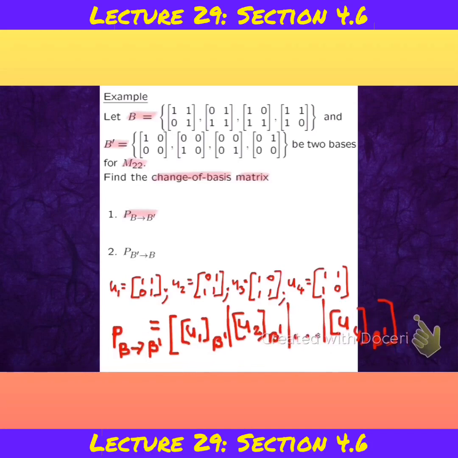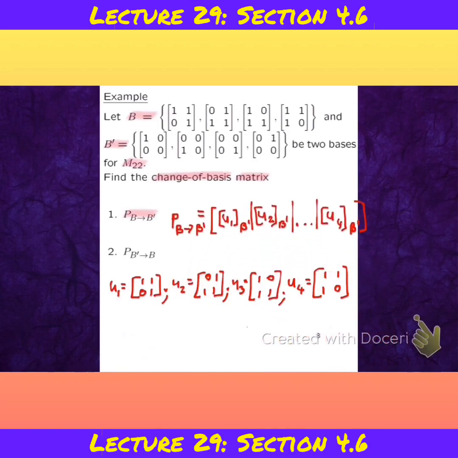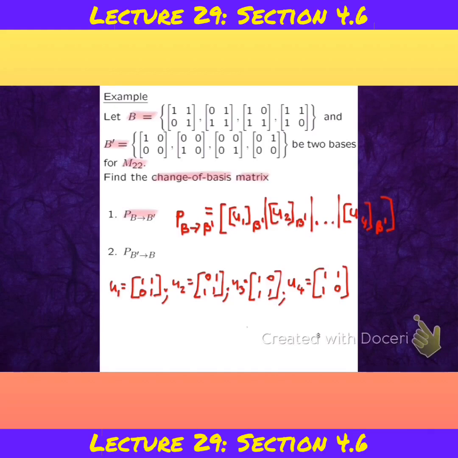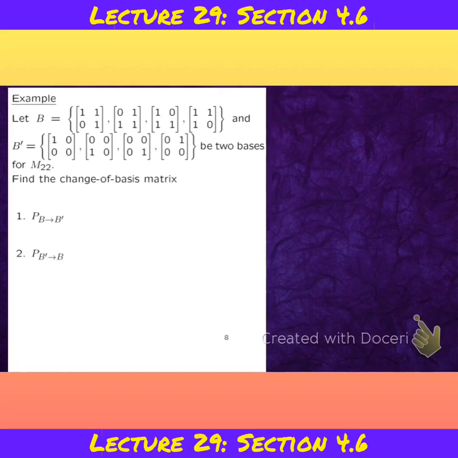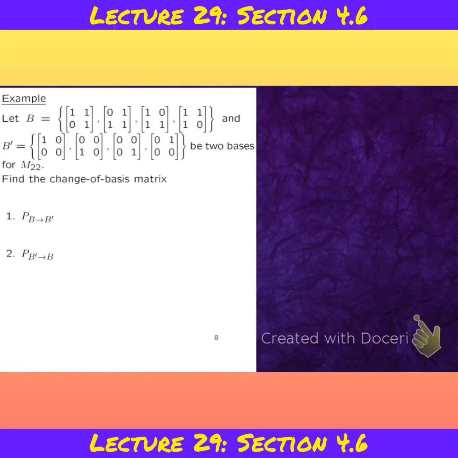So in notation, what is it that we want? That is the matrix that we want. You take each vector in B and write it as a linear combination of the vectors in B prime, and then you just read off the coefficients and form your columns in that way. So let's write that down.